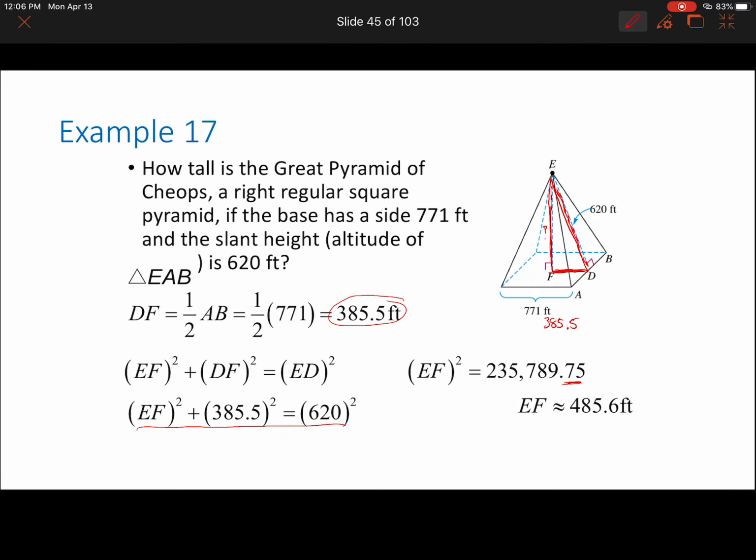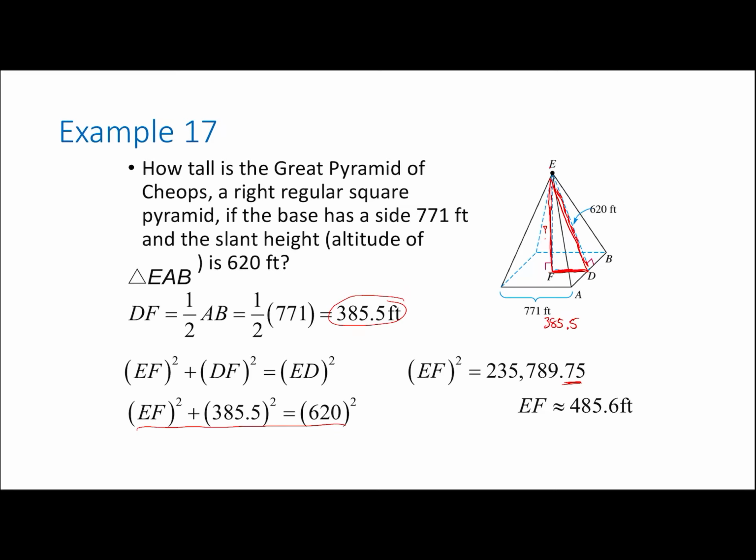So just to kind of, because the slide doesn't show all the little details, I'm going to call this side that we're missing B. So we've got the 385.5 squared, that's going to be our A, plus B squared equals 620 squared.